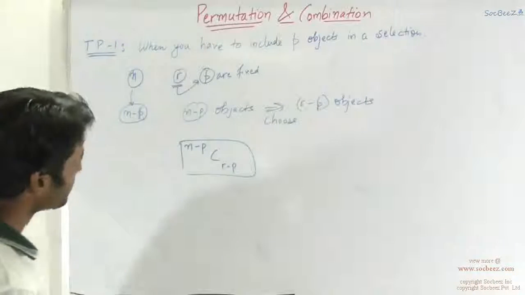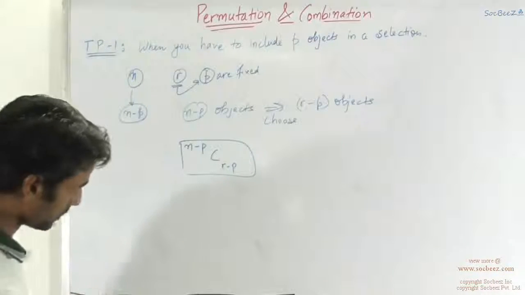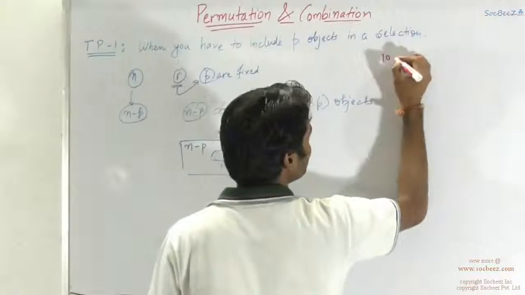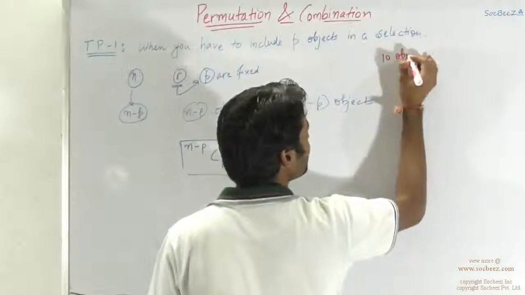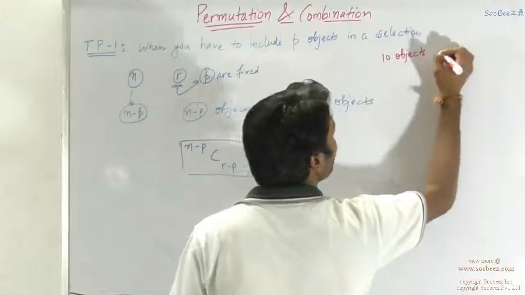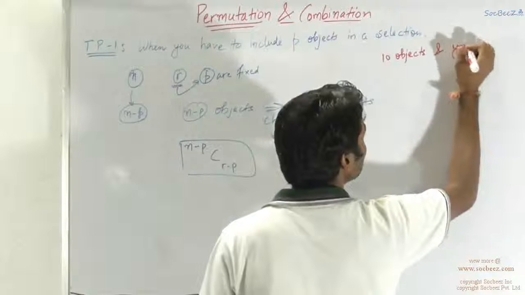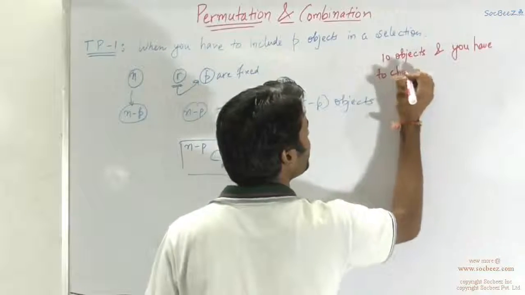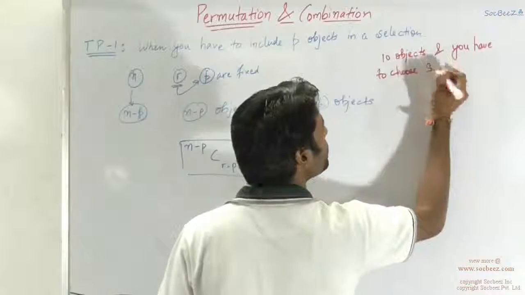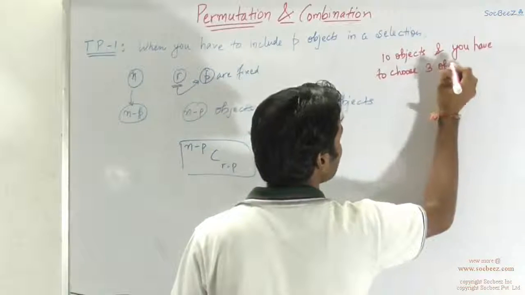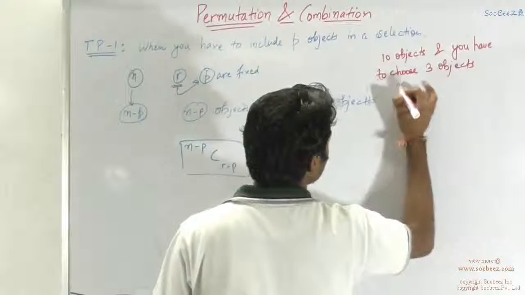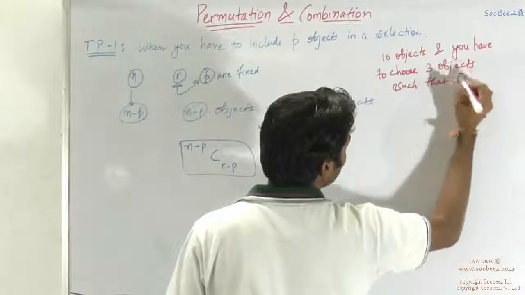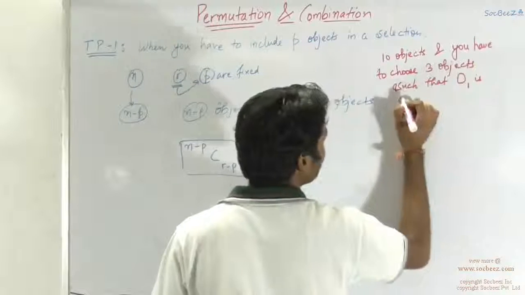This is the first type of problem. So if you want to do a question on it, say you are given 10 objects, and you have to choose three objects such that object 1 is always there.